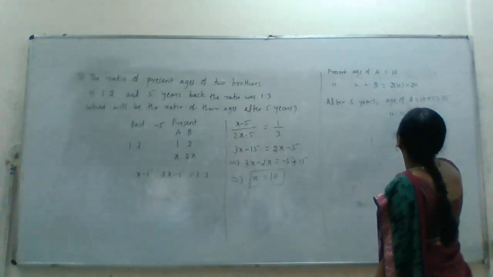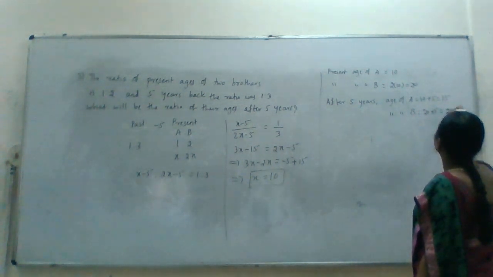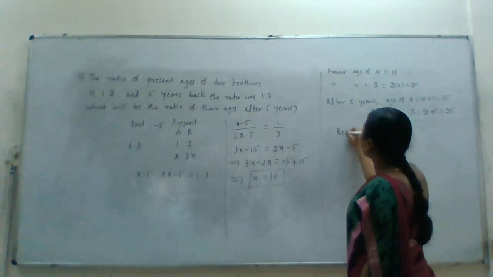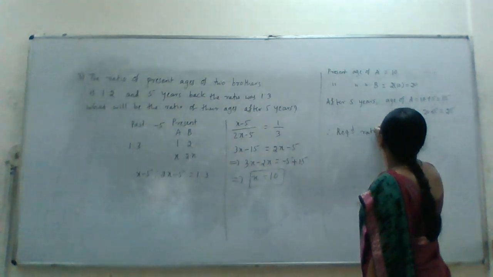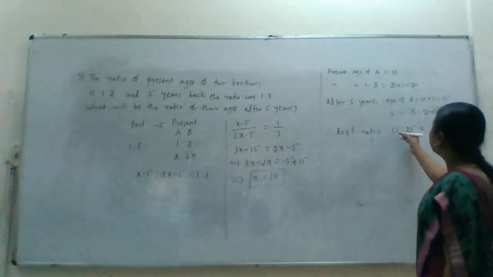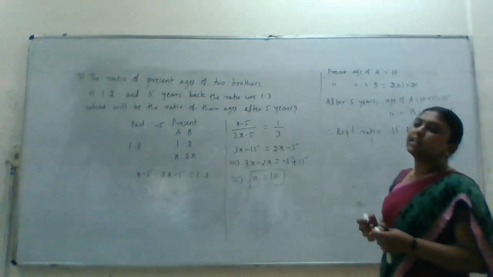Age of B is 20 plus 5, that is 25. Okay. So required ratio is what? That is 15:25. You can write it as 5 3s are 15, 5 5s are 25. Your answer is what? 3:5.